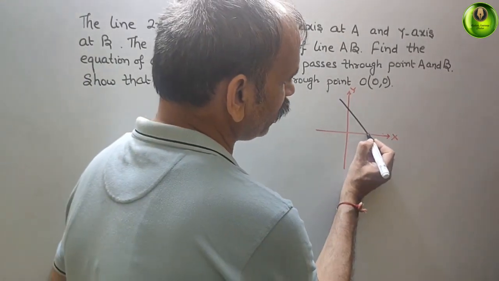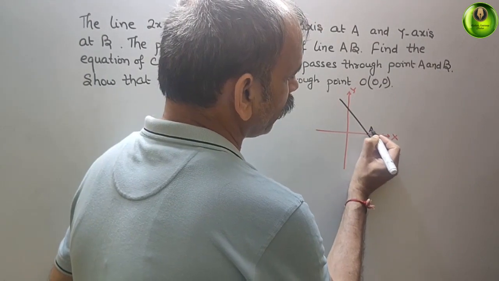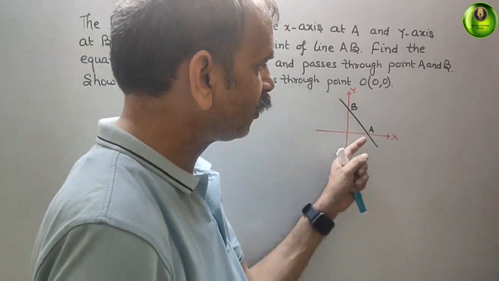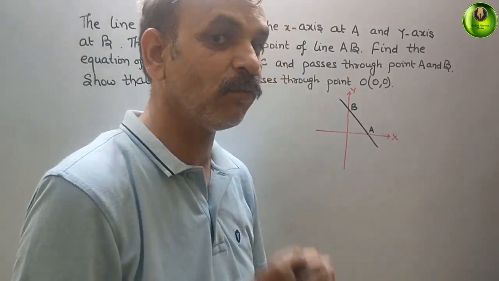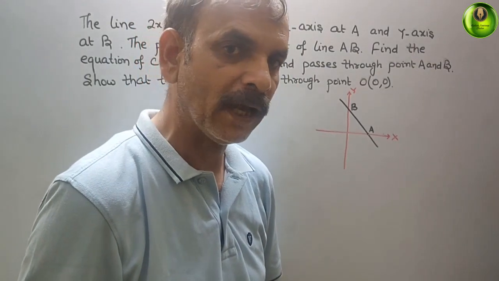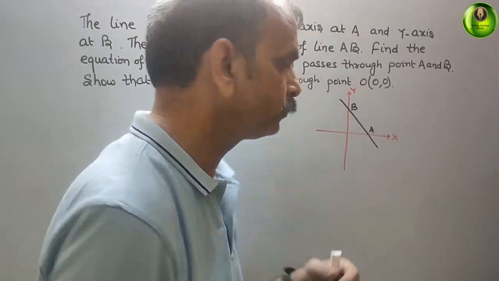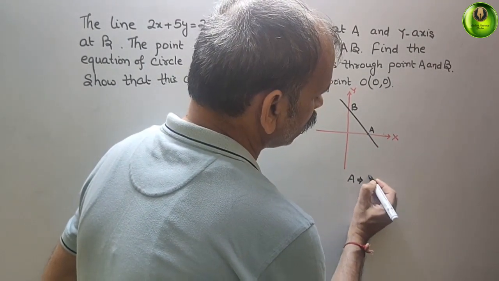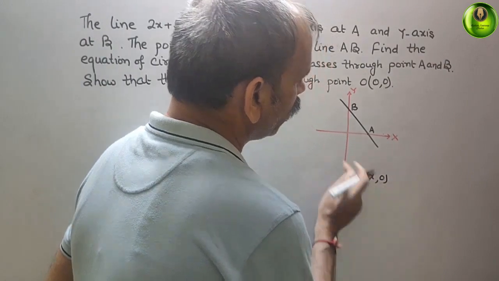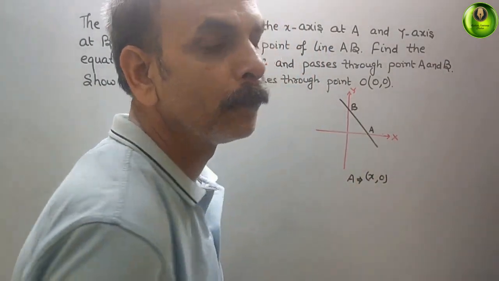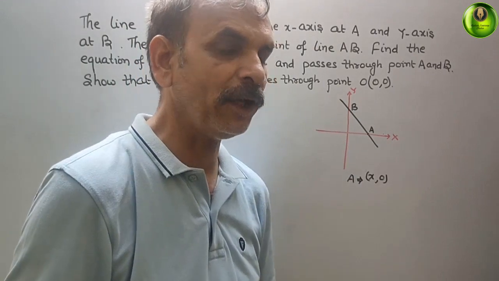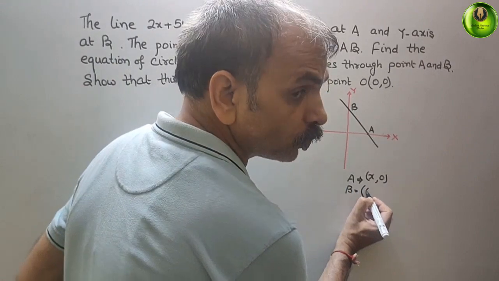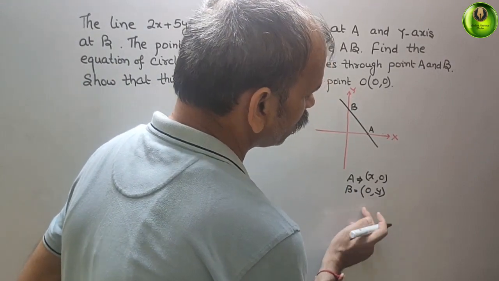So this point is A and this point is B. We know that on the x-axis y is 0, therefore the coordinate of A is (x, 0). On the y-axis the point is B, the coordinate is (0, y).